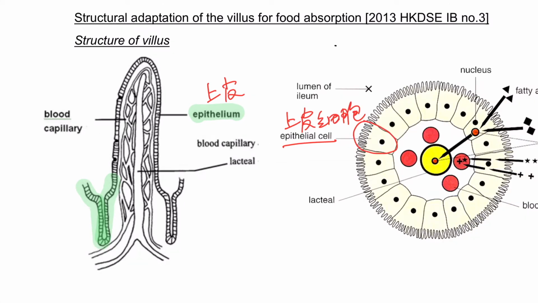The epithelium is very thin, so the digested food can be absorbed very quickly through it, as it provides a very short diffusion distance for digested food.